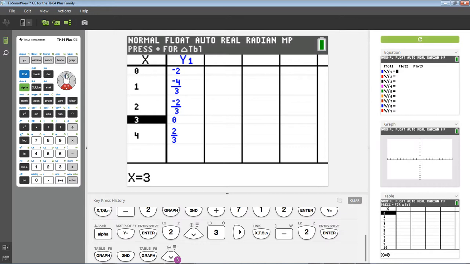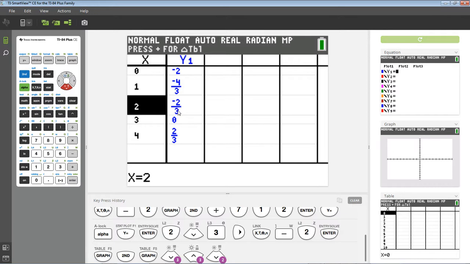So this is going to be a bad example. So it looks like the table is not going to be a solution here for us, but we can kind of triangulate it. So when x is 2, it's saying any y value greater than negative 2/3 is going to be in the solution set.